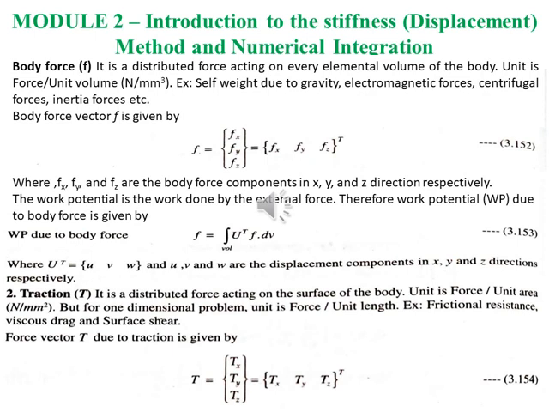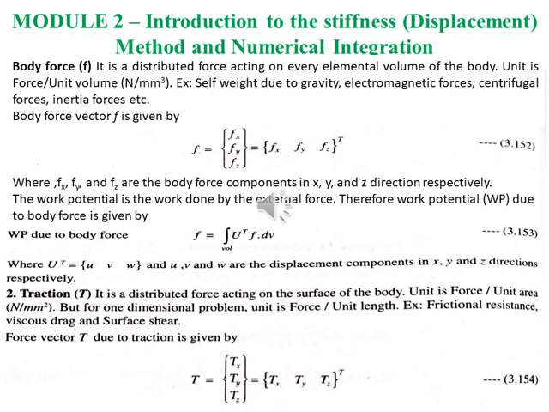So the body force, the symbol for which is F, is a distributed force acting on every element or volume of the body. It will be acting uniformly throughout all the elements of the body, and the unit is force per unit volume, or Newton per millimeter cube.